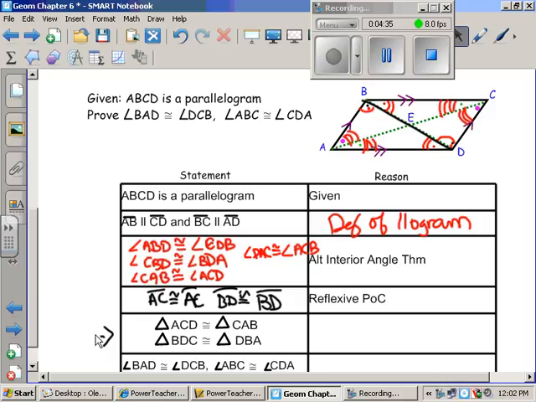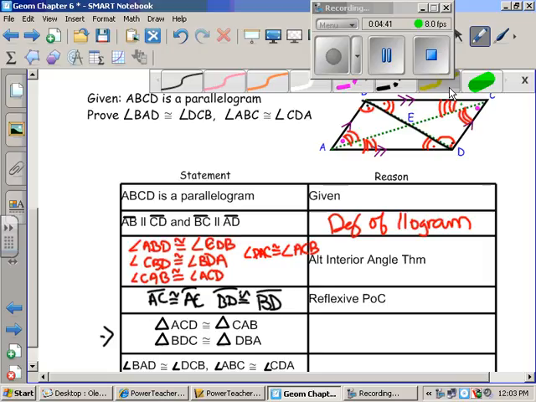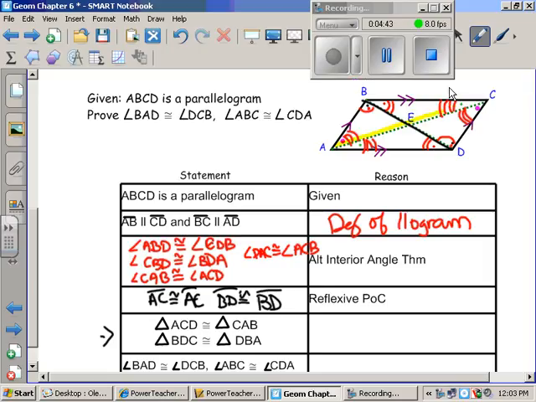So then the next step is triangle ACD. So that's ACD, that's this triangle, is congruent to CAB. That's this triangle. Okay? And I have this side is congruent to itself because of the reflexive property.